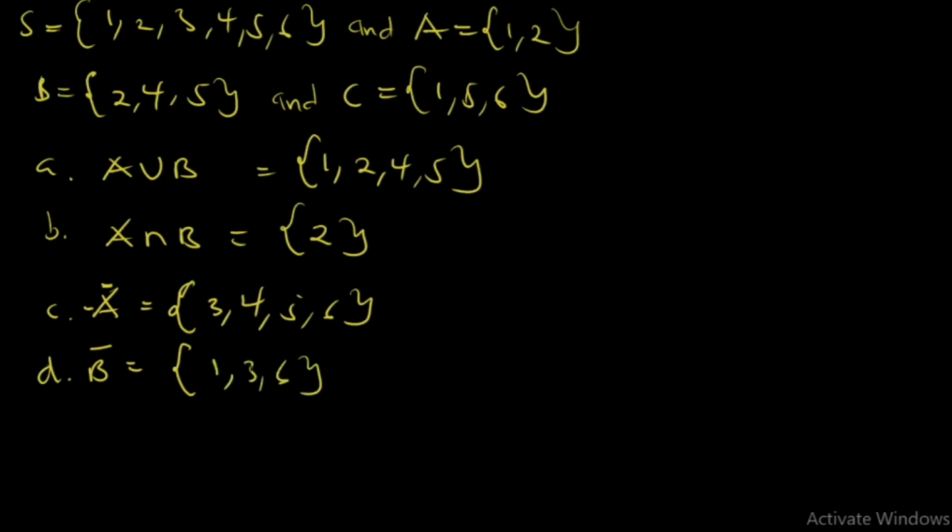Let's look at E. For E, we are going to use De Morgan's law by finding (A union B) complement and A complement intersection B complement.